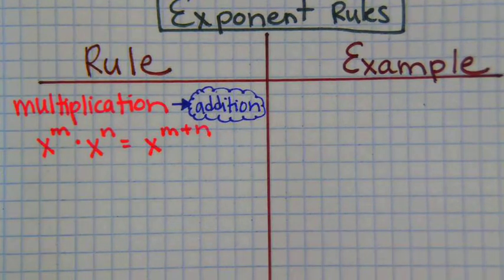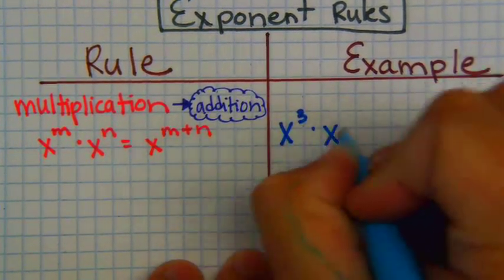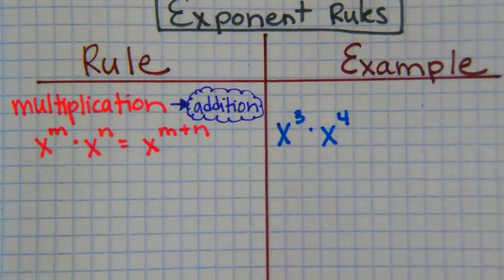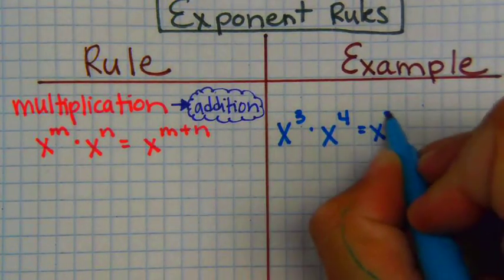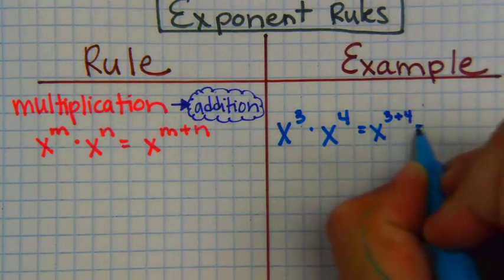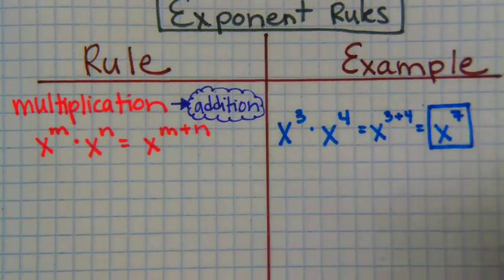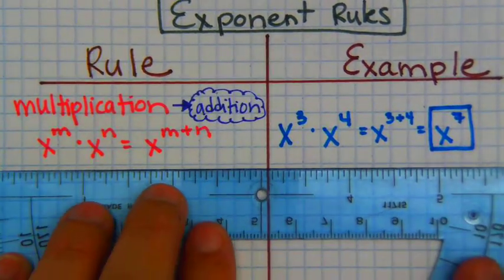So as an example, x to the 3 times x to the 4, we're just going to add those, x to the 3 plus 4, which will be x to the 7th. Okay. Multiplication's pretty easy. All you're doing is adding.